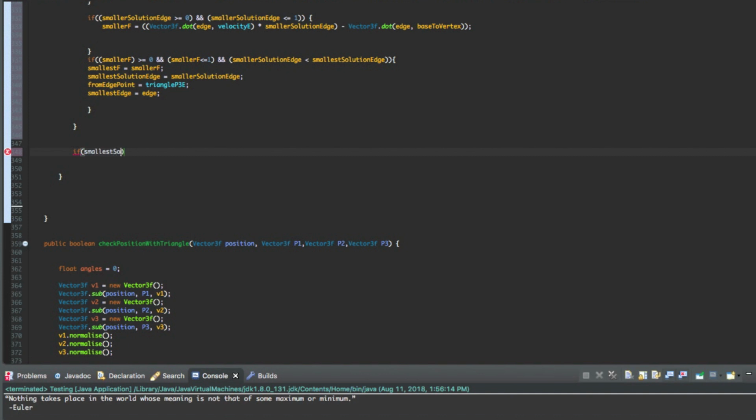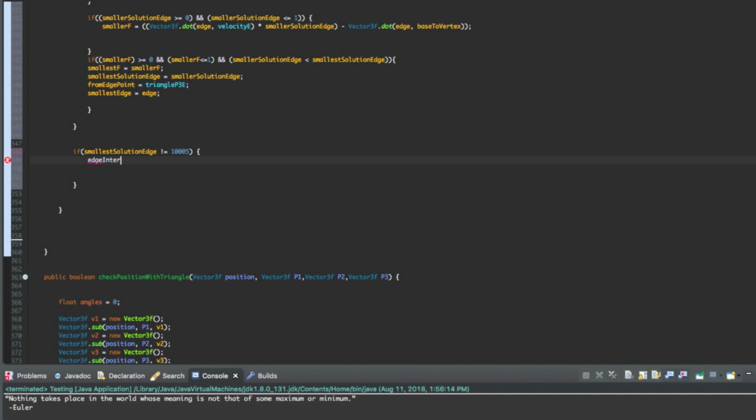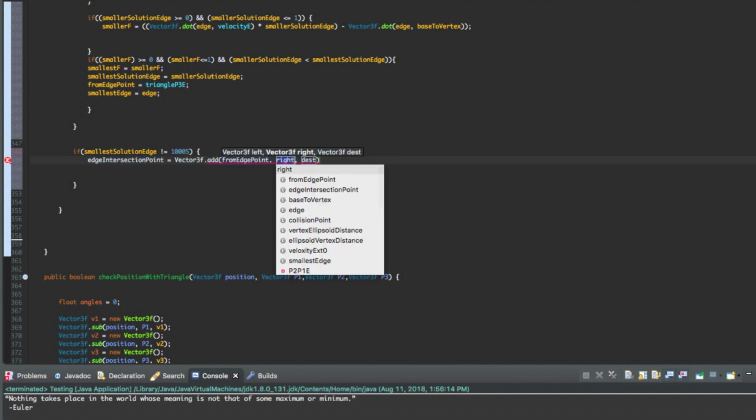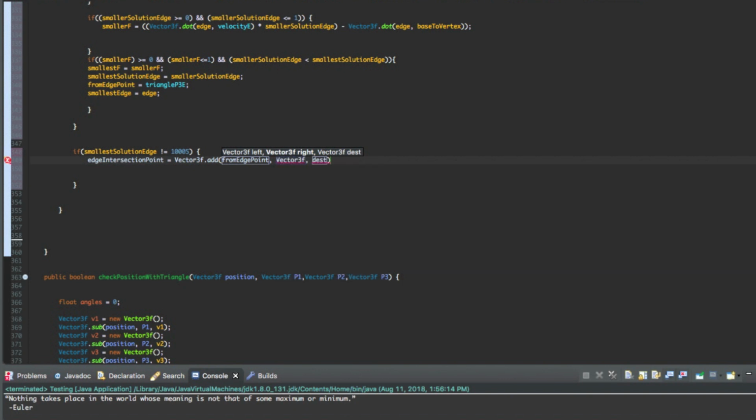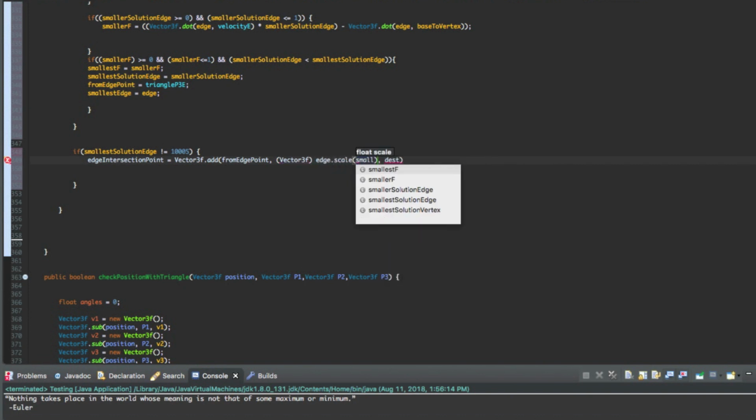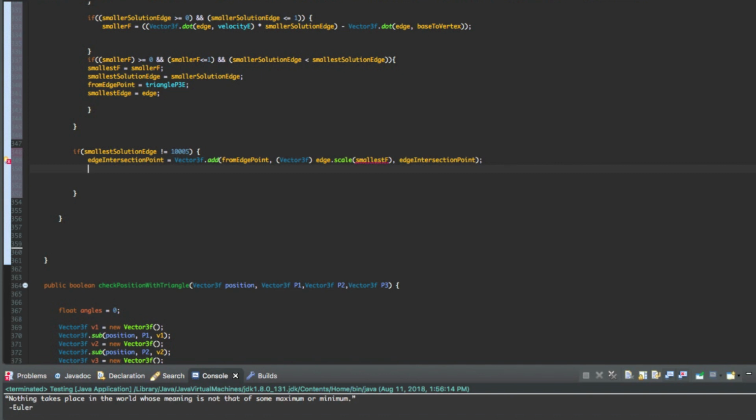And so if the smallest solution edge is not 10,005, so it has been modified, then we can say that the edge intersection point is equal to the vector 3f addition of the from edge point and the edge scaled by the smallest f. We had to cast that to a vector 3f, and we will store that in the edge intersection point.